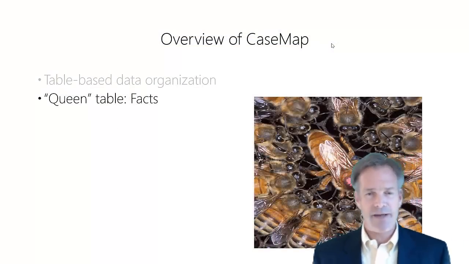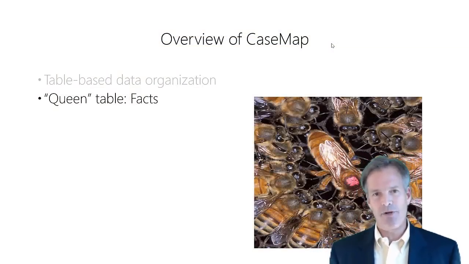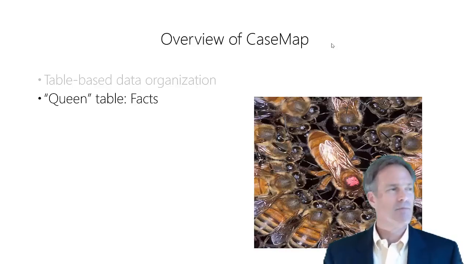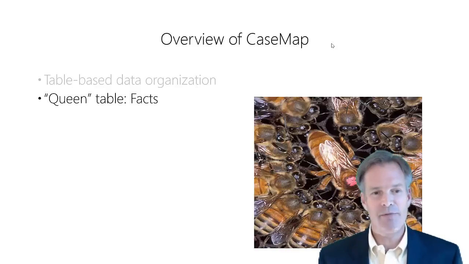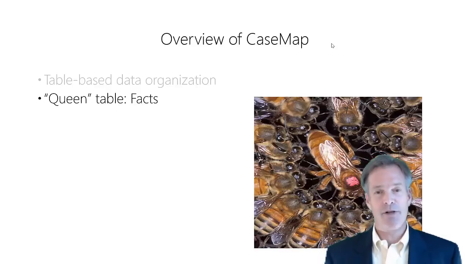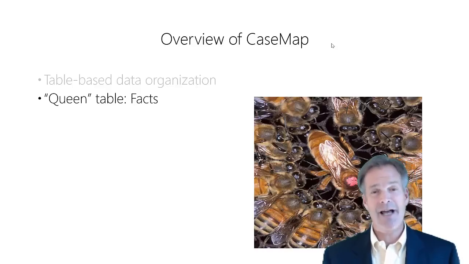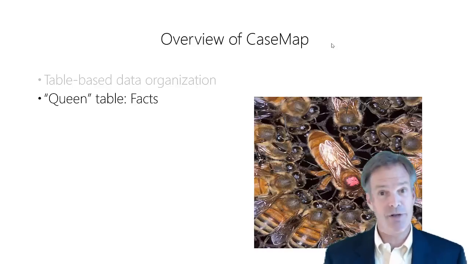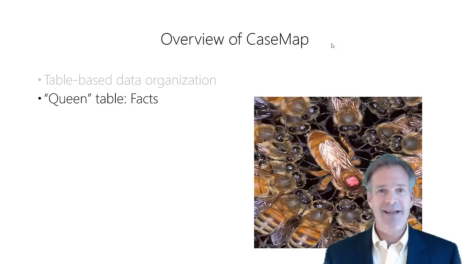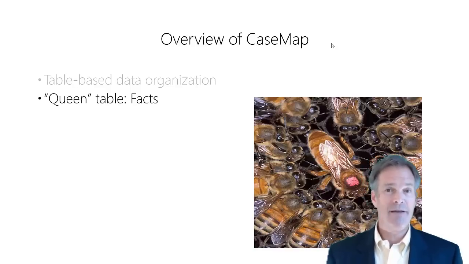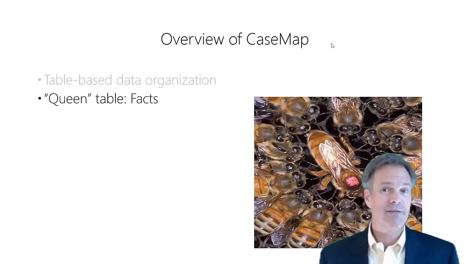The highest level, and really the queen table, the table served by all of the other tables, is the fact table. And that's the table that we just looked at. The fact table typically is going to have a date and a time, a description of what happened on that date or time, because all facts happen at a date or a time, and the source of that fact.